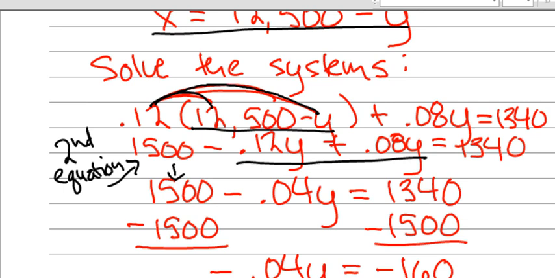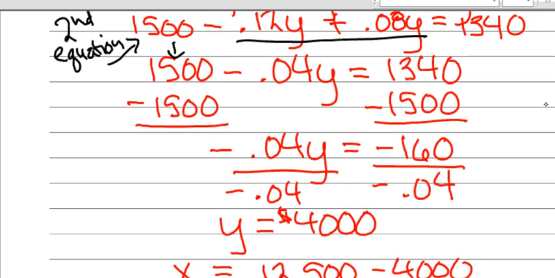I need to get the negative 0.04Y alone. So I'm going to subtract 1,500 from both sides. And I get negative 0.04Y equals negative 160.